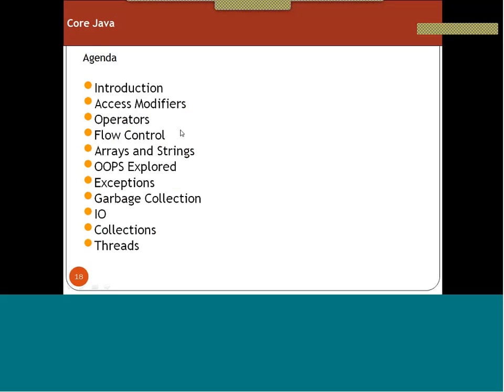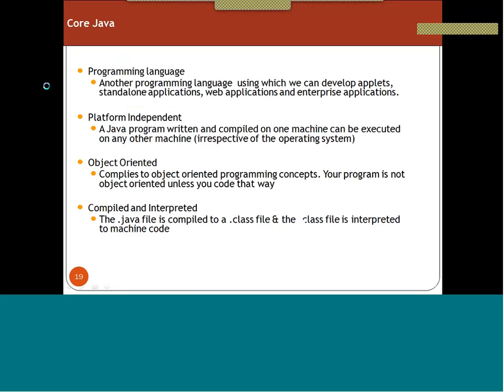Some operators, logical operators, if you want to compare two or three expressions at the same point. Flow control is like if and else structures, while loops, for loops, etc. Arrays and strings, we'll be seeing one by one.